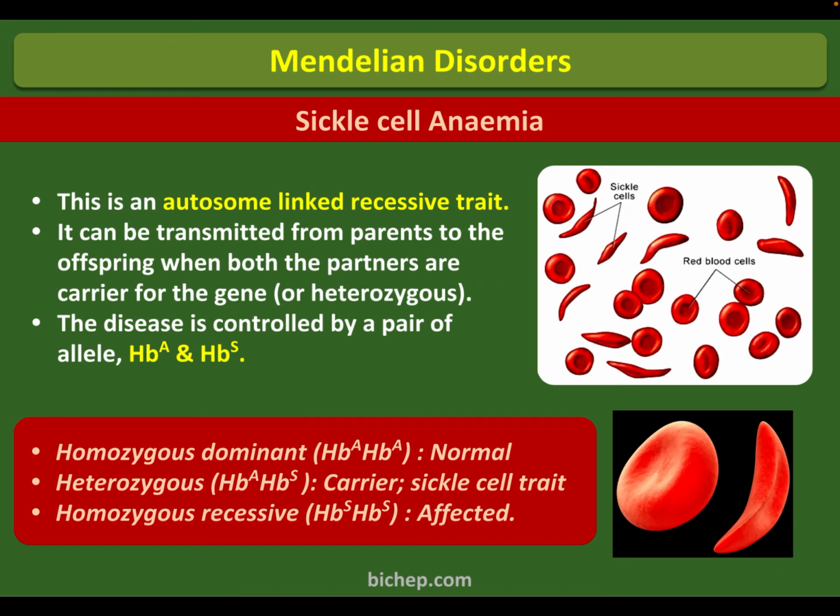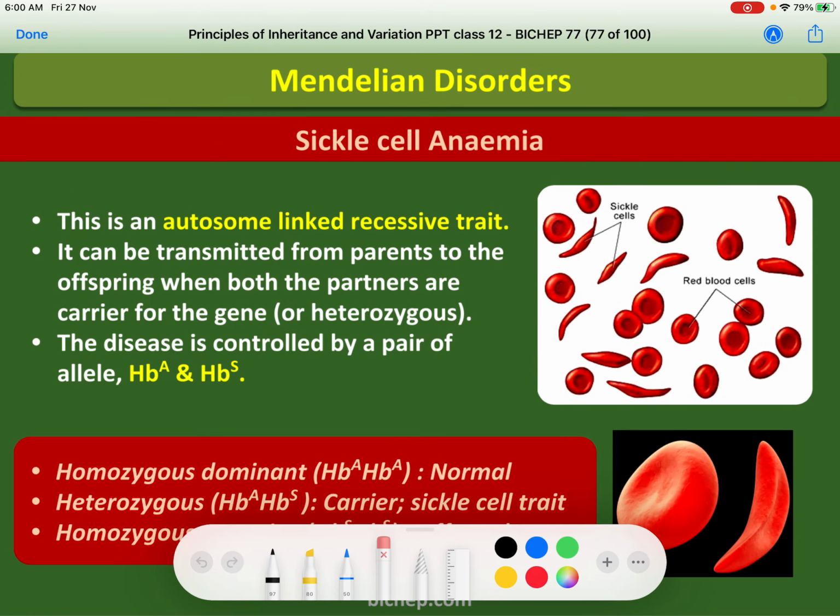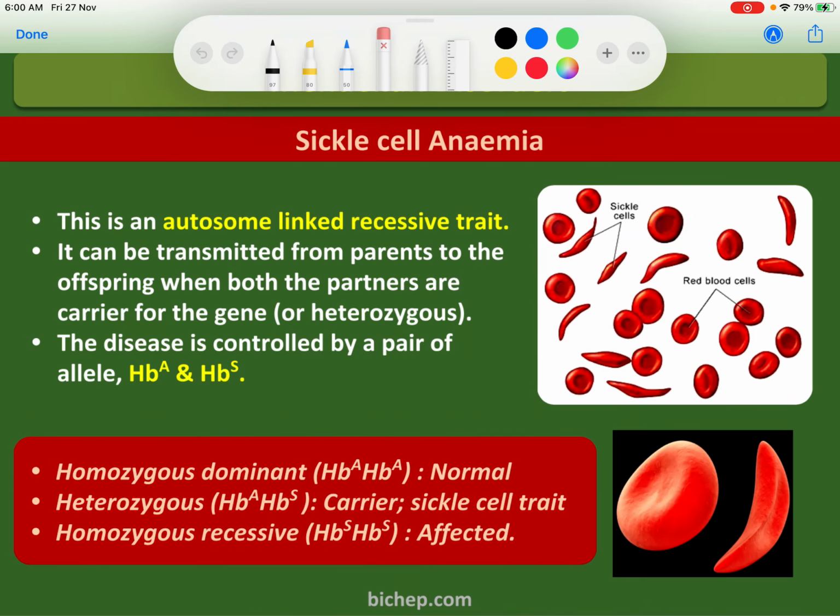The second disorder is sickle cell anemia. From the name only you can judge the abnormality or disease. Here blood cells appear like a sickle, and that is why the abnormality is termed sickle cell anemia.